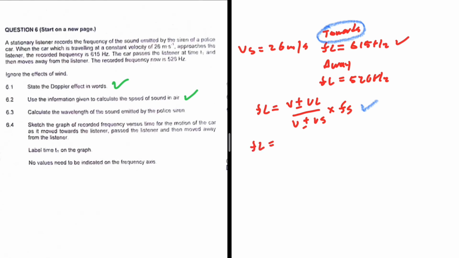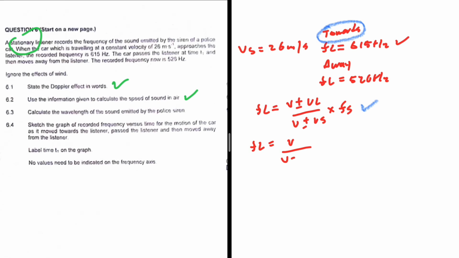FL is equal to V divided by V plus or minus Vs, since the listener is stationary. We have V, the speed of sound in air, which we're trying to calculate, and then Vs, that of the source. The source is moving towards, right?